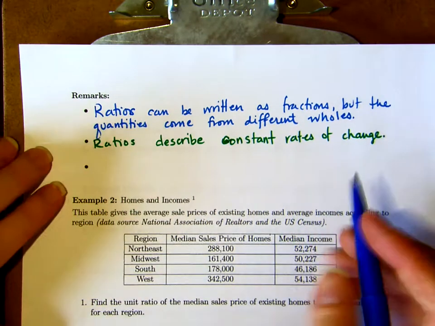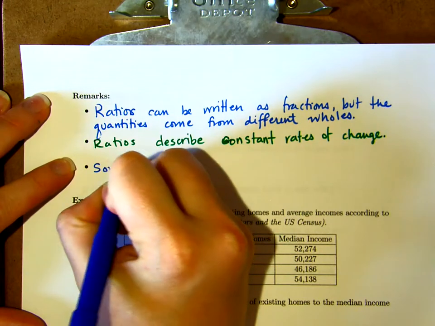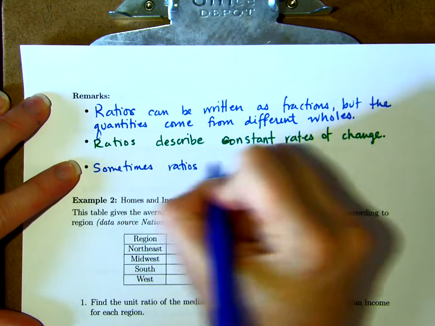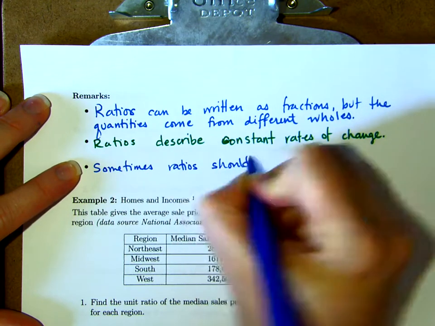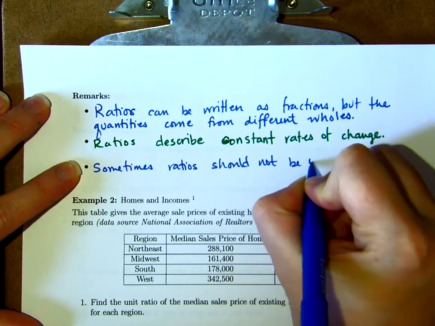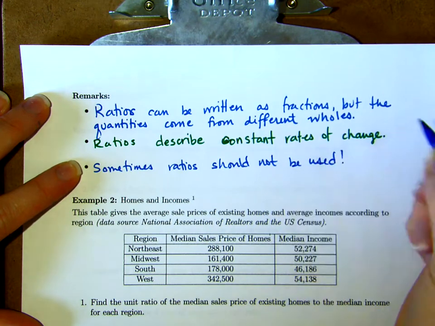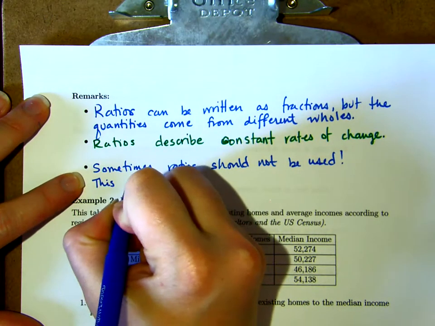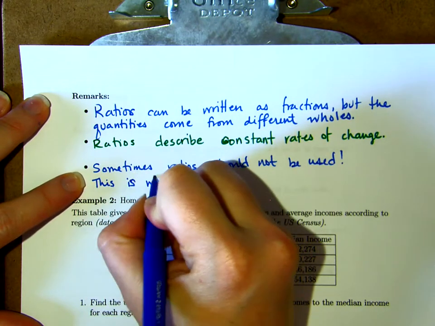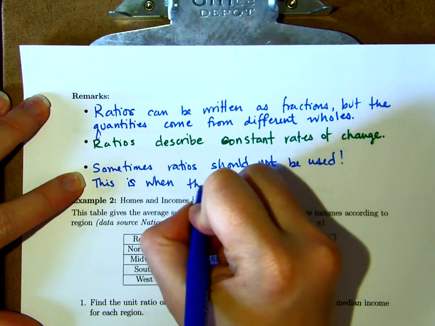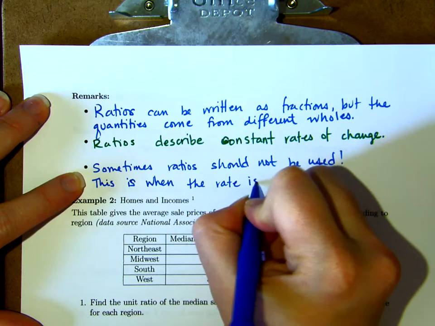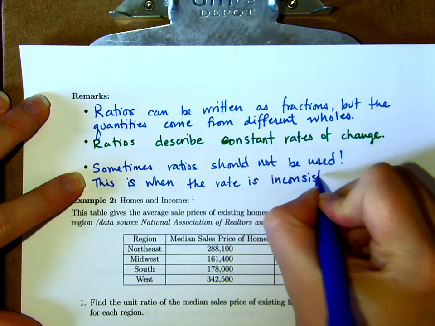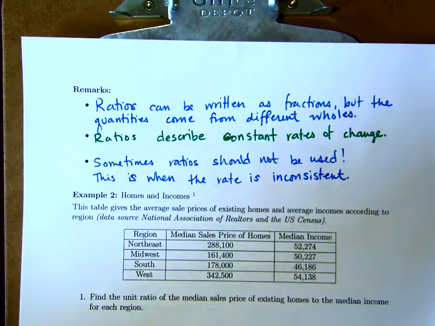So sometimes ratios should not be used, and in particular, this is when the rate could be inconsistent. Okay?